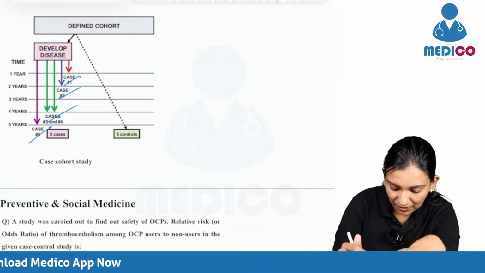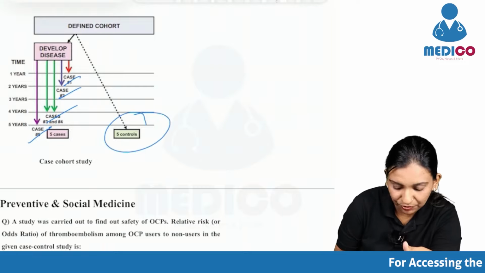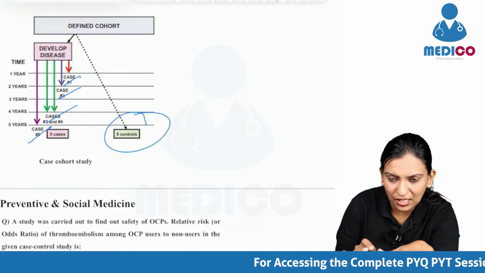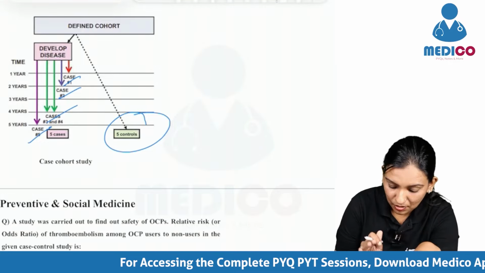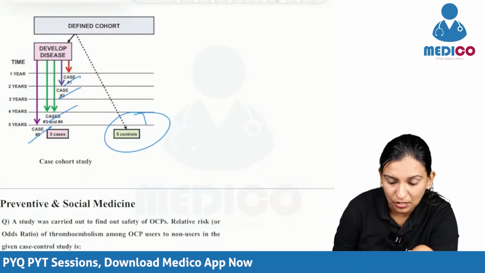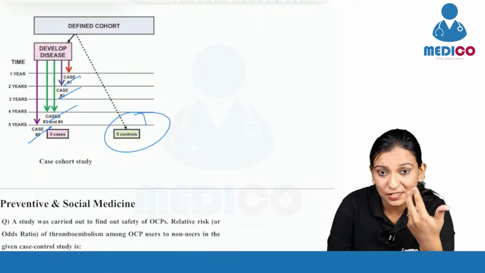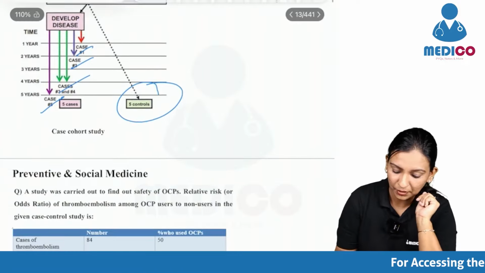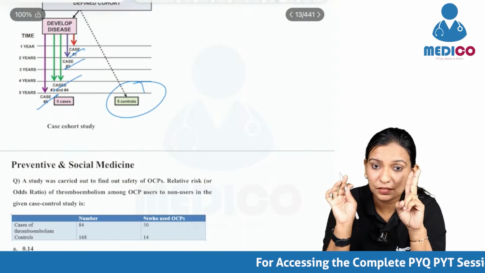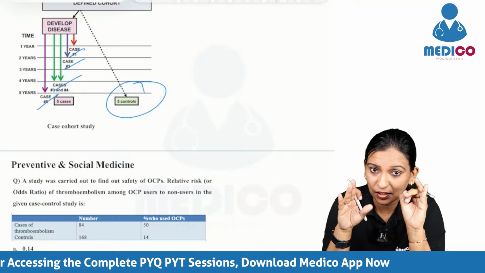But I wait, and after all the cases have developed, then I select 5 controls. Okay, here I have 5 cases. So once my sample size is attained, suppose it's 5, I got 5 cases and then at one time I just select 5 controls for these cases and then I do a case control study, then that becomes a case cohort study. Okay, so the 2 types of case control studies which are embedded within a cohort are nested case control and the case cohort study.